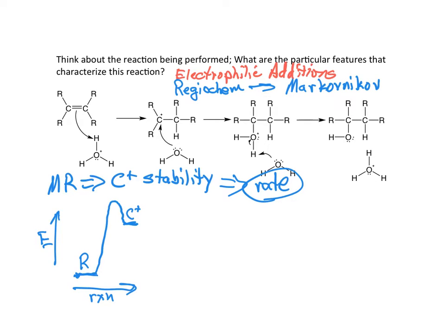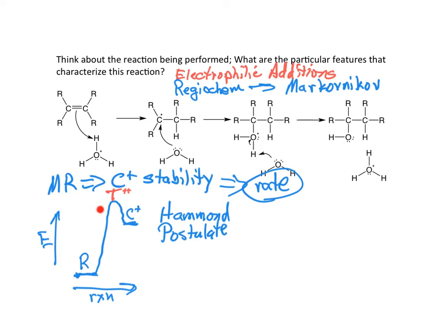And if we remember the Hammond postulate, the Hammond postulate says that the transition state looks most like the thing that it is closest in energy to.